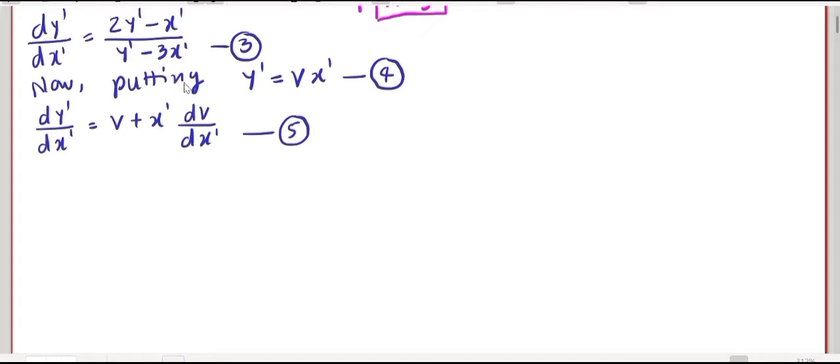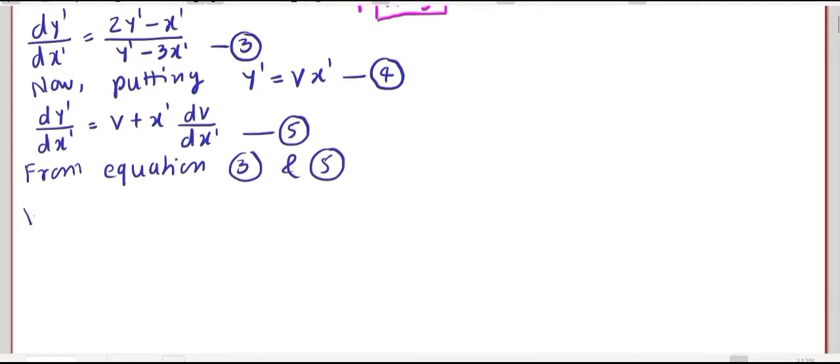From equations 3 and 5, the left hand sides are equal, and therefore the right hand sides must be equal. So we get v plus x dash dv by dx dash is equal to 2y dash minus x dash divided by y dash minus 3x dash.